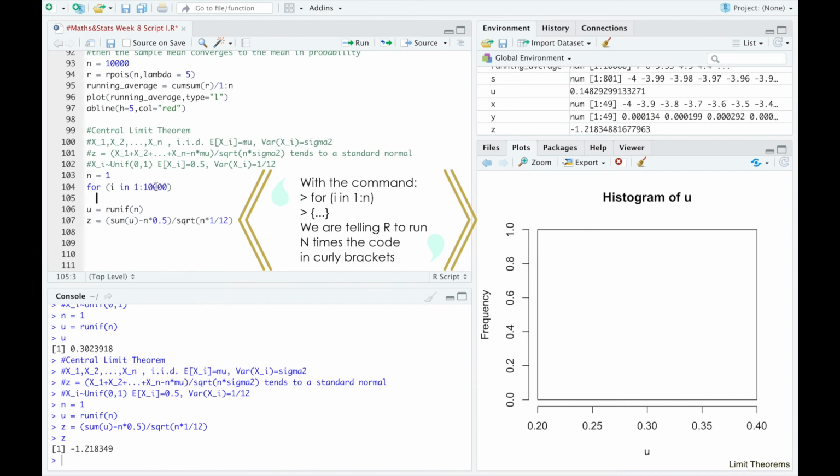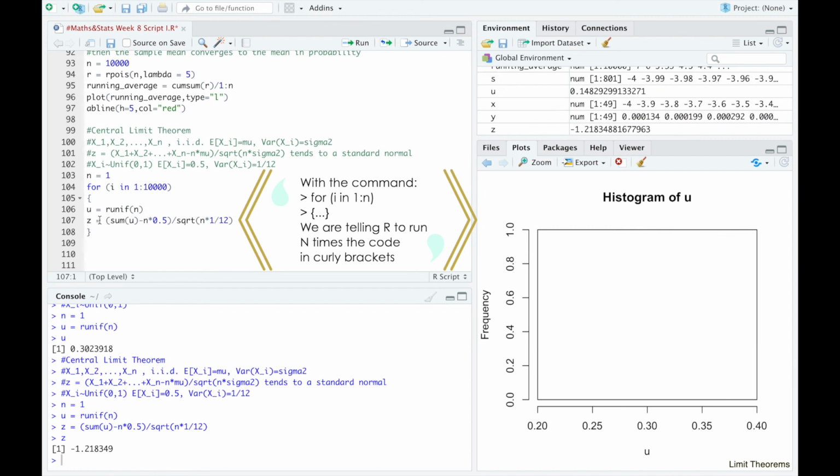10,000, we are telling RStudio that 10,000 times it should sample n times from a uniform distribution, compute the sum, subtract n times the mean, divide by this, and put the result in a vector.